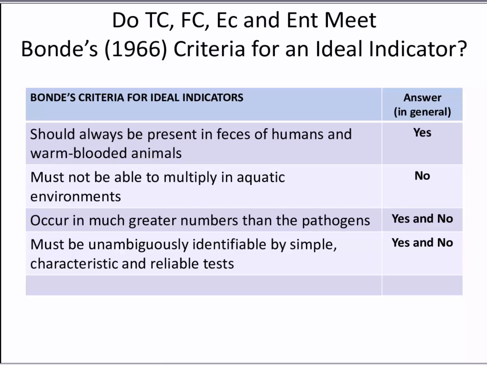Well, no, unfortunately. The next criteria is that they occur in much greater numbers than the pathogens. That may or may not be true. And then lastly, they must be unambiguously identifiable by simple, characteristic, and reliable tests. That's also a yes and no answer. So you can see that, unfortunately, our indicators don't meet the criteria for ideal indicators.